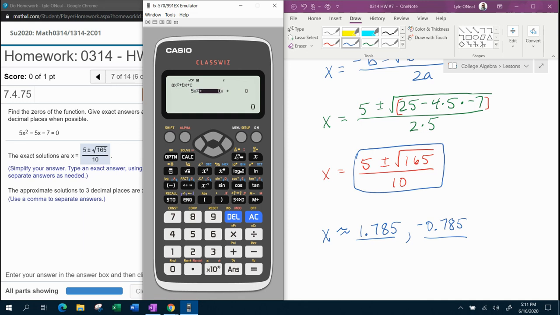So A is 5, B is negative 5, C is negative 7. Then if I hit equals, look at that. It gives me the first answer exactly. That is the exact answer in simplest radical form. From right here, I can hit the SD button and get a decimal. Is that not cool? If I hit the SD again, it goes back. So I can get both of those. Then if I hit equals, I get the second answer. Hitting the SD button gives me the decimal.